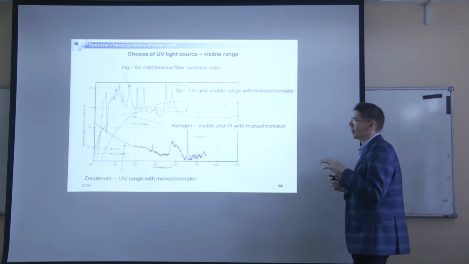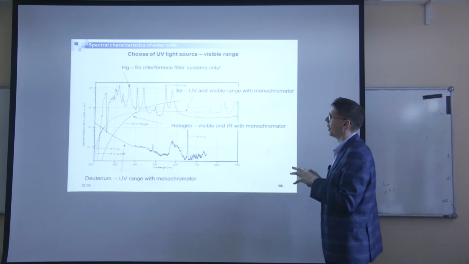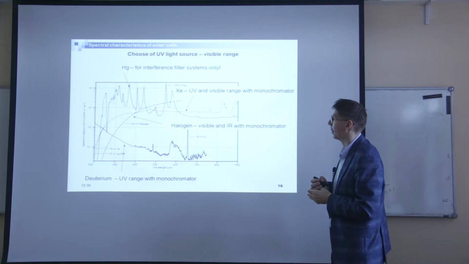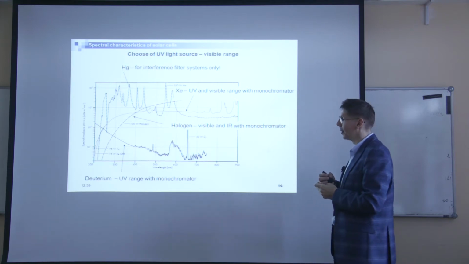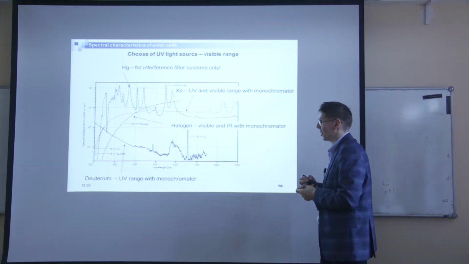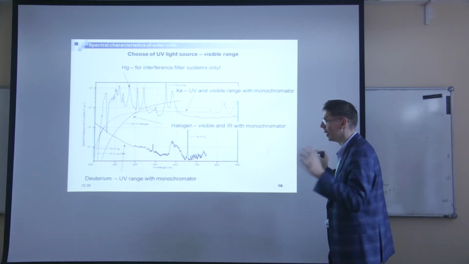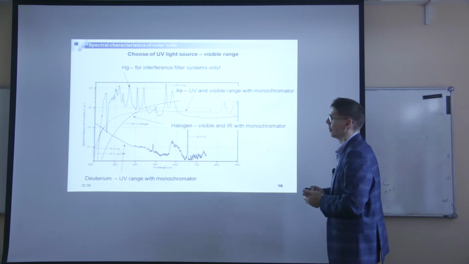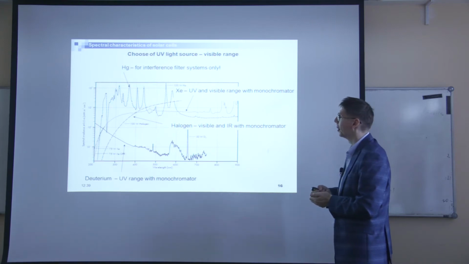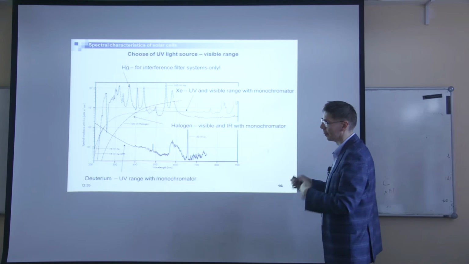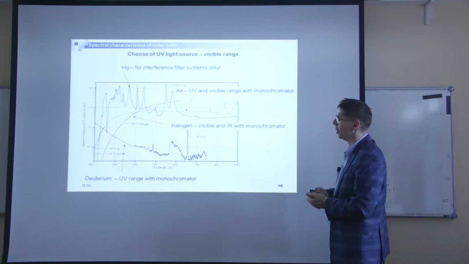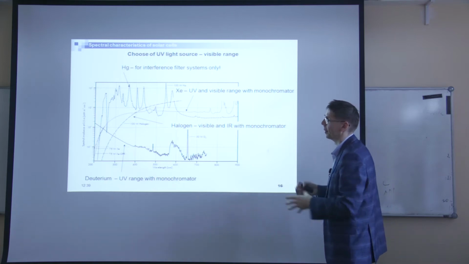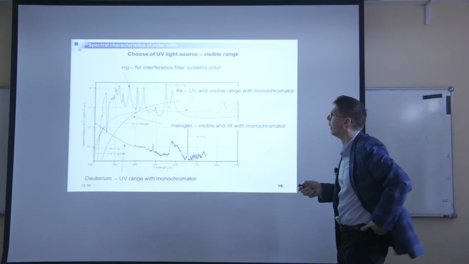And so first, concerning the source of the light, if you work with a monochromator, which is actually the most common way for spectral measurements, quantum efficiency measurements, because normally this type of measurement is done just for solar cells, not for the modules.